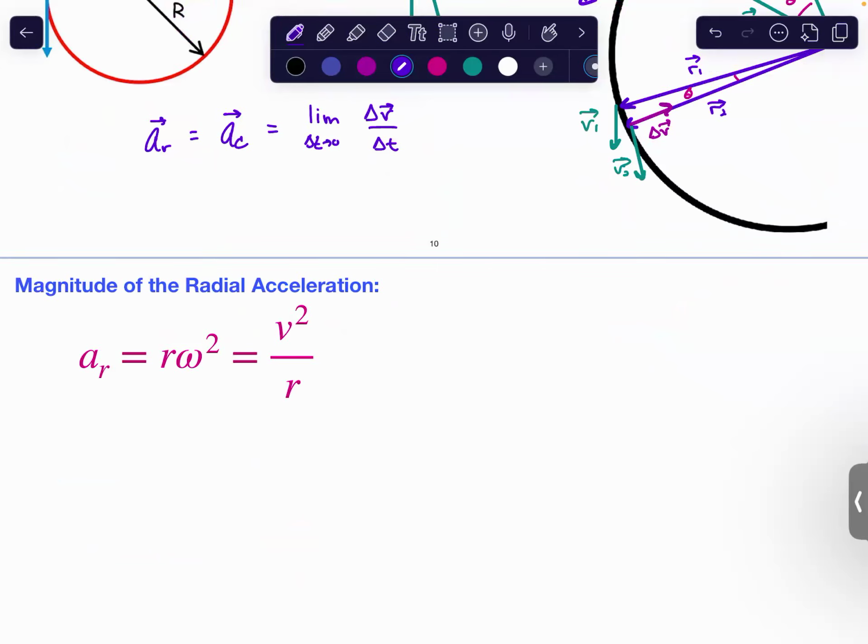It's either the radius times the angular speed omega squared, or it's v squared over r, which is the linear velocity squared divided by the radius. Make sure you're keeping those two concepts separate in your head. Angular speed, linear speed. If you see a problem that says meters per second, that's linear. If you see something that says radians per second, that's angular.